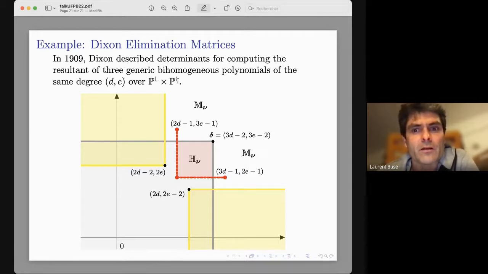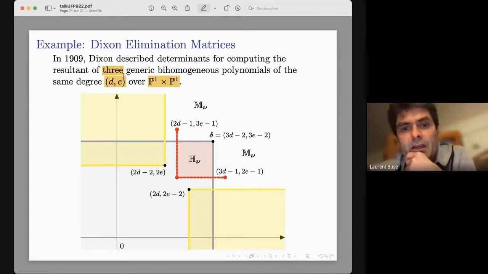You are over P1 cross P1, and you consider 3 generic equations of the same bidegree d, e. So in this case, the delta number will be 3d minus 2, 3e minus 2, because I do 3 times d, e minus 2, since P1 and P1 give me a shift by 2 and 2. So this is delta, which is the dot here.